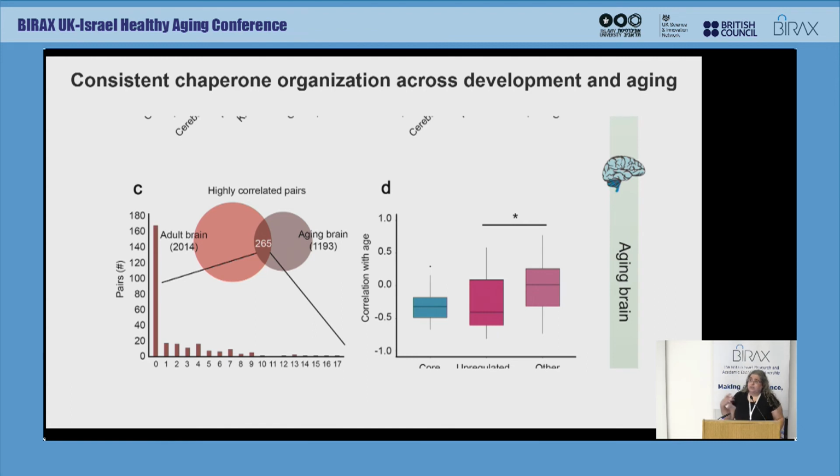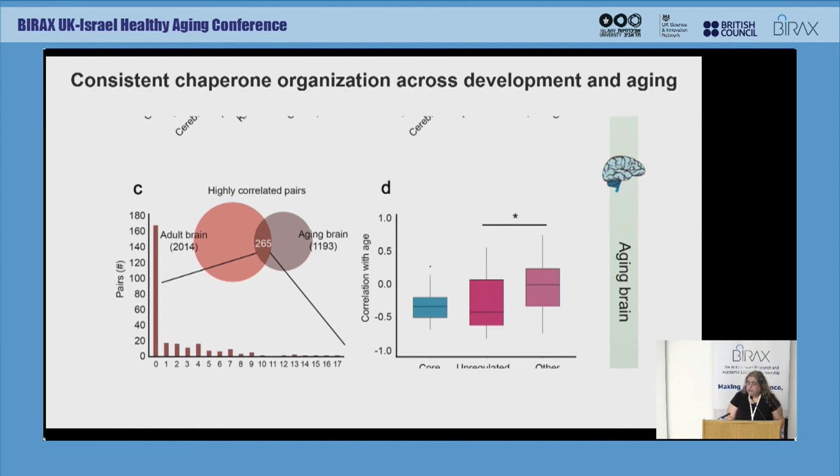And we asked whether those chaperones are similar to the chaperones we see in the unique signature of the adult brain. For the most part, we had an overlap of 265 pairs, which is significant, though it seems small, but if you look at this particular set, you see that first, most of them are associated with one tissue, so they are unique to brain.